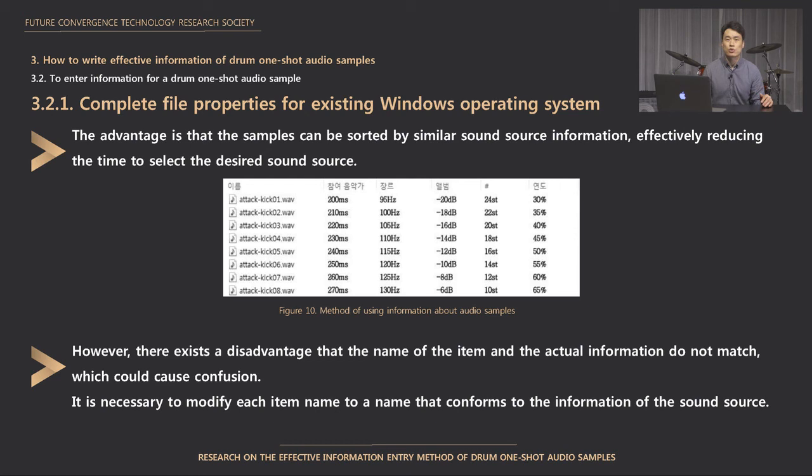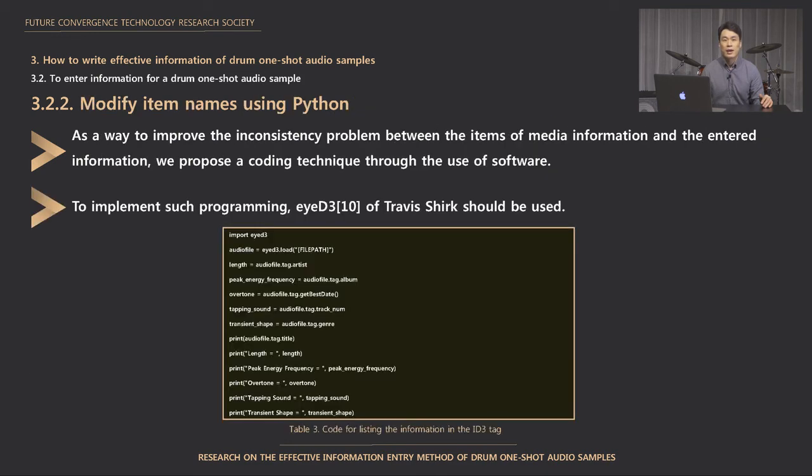It is necessary to modify each item name to a name that conforms to the information of the sound source. As a way to improve the inconsistency problem between the items of media information and the entered information, we propose a coding technique through the use of software.